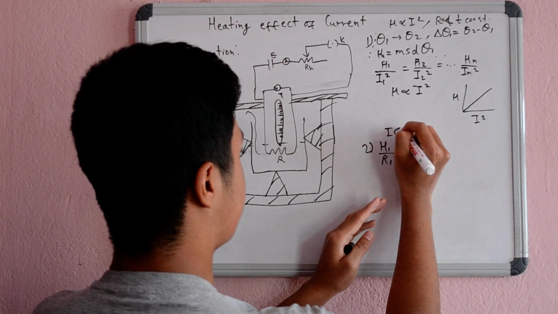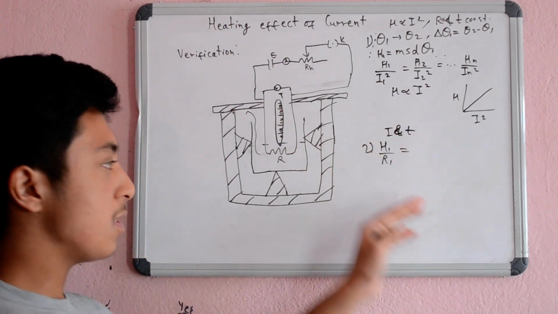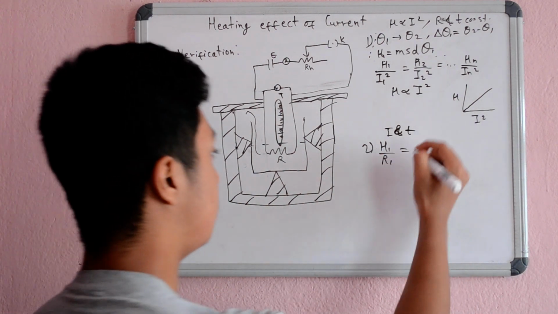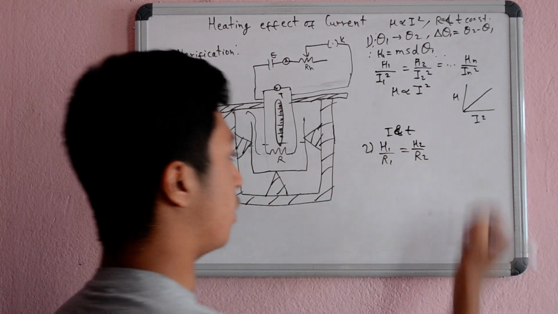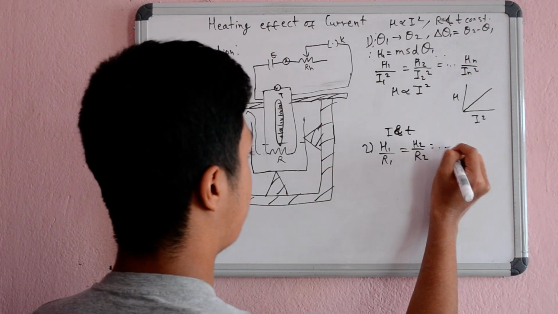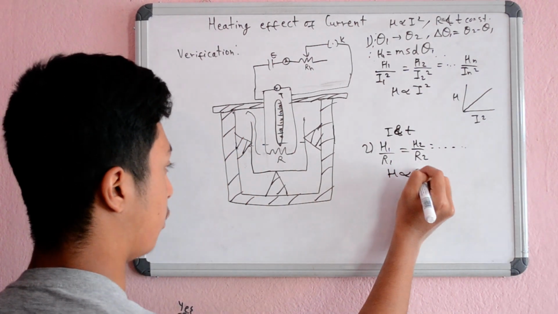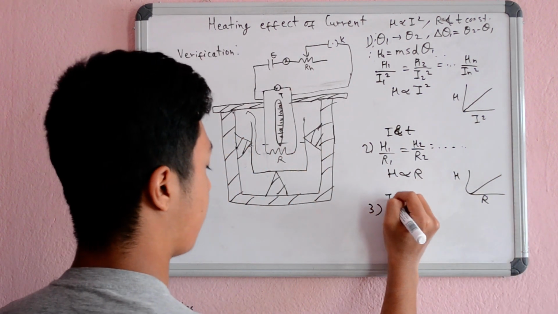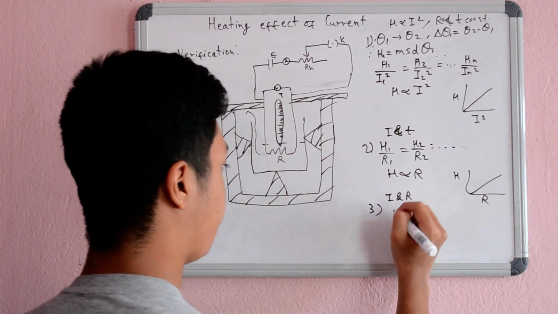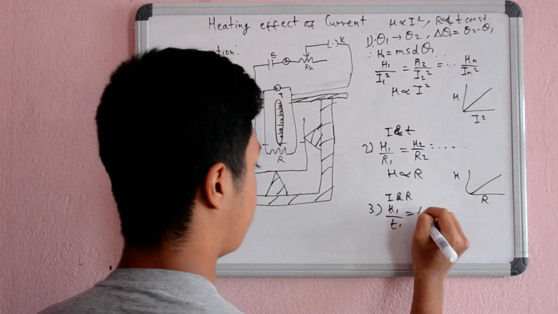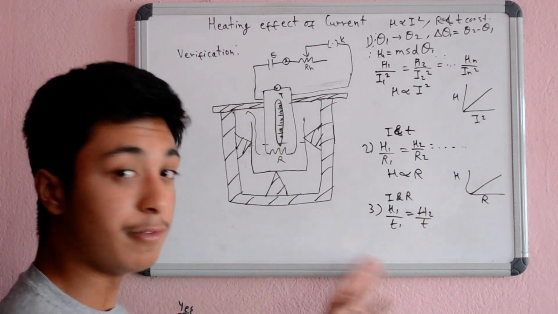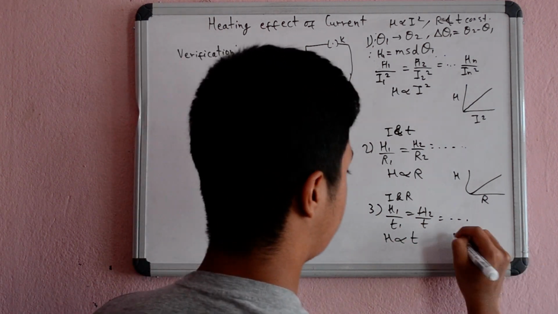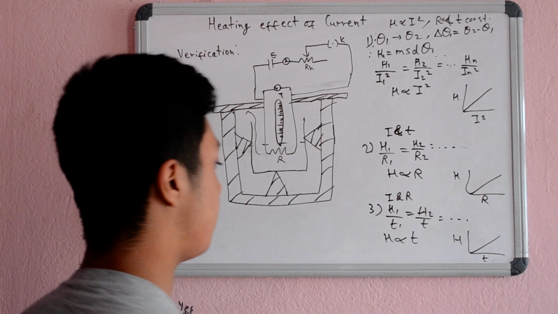Here, the current and time are kept constant, and when they changed the resistance, they found that the heat by the resistance was equal to H2 by R2, the different heat by the different resistance, and so on. So this proves heat is proportional to resistance, and we have the same graph giving H and R. And of course, keeping current and resistance the same, we still get heat by time equal to the different heat by the different time taken, thus proving heat is directly proportional to time taken. And again we have the heat-time graph as a straight line.